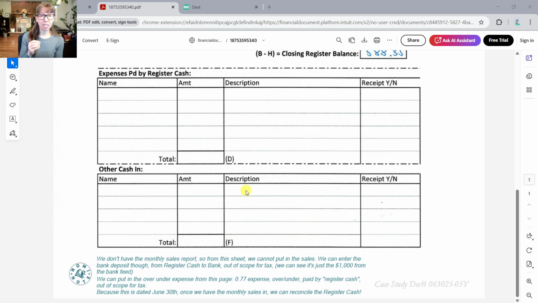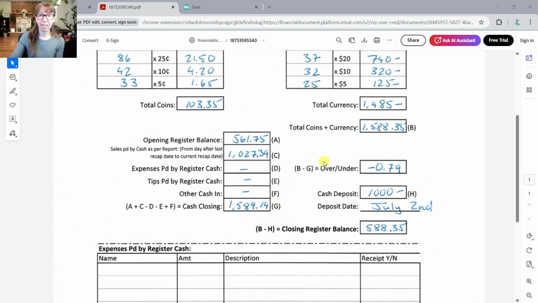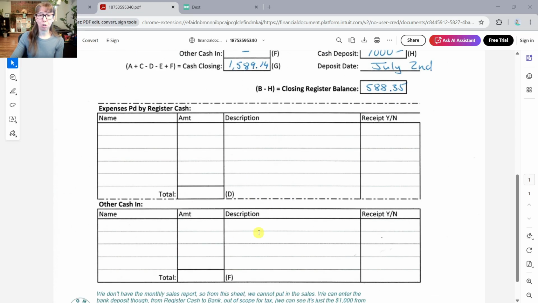And I've also seen other cash in, for example, what if there was somebody who had paid a deposit for garden landscaping and they gave the deposit in cash, and instead of putting the $200 cash into the bank, Sarah put $200 cash into the cash register. So there are other instances where cash is coming into the register outside of the Shopify sales report, and we want to make note of that as well.